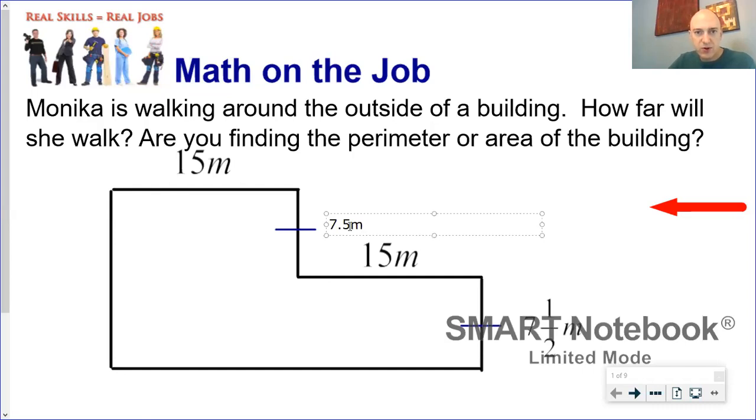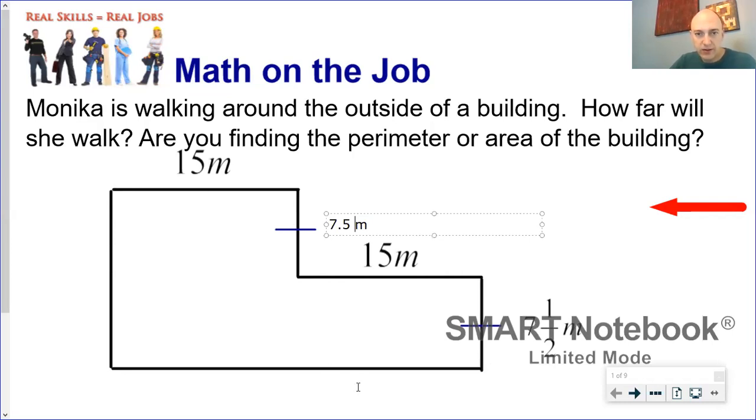And notice I've put a 0.5. I just find it easier to work with decimals for the time being than with fractions, because they add up more easily in my opinion. But you can leave them as fractions as long as you know how to add them together. It's up to you. And then we've got this 15, 7.5, 15, 7.5.